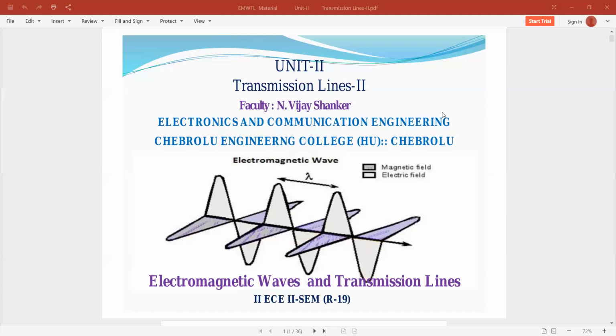Now I will discuss the Smith chart, how we can construct it, and the different types of stubs, single stub and double stub.